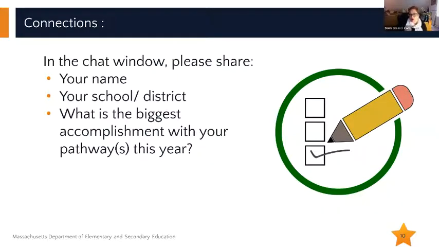I see Holyoke and Lawrence, Everett. Some folks are talking about looking forward to receiving a designation as they're in the process of pursuing that, while others are already either in an innovative pathway or recently have received notice that they will be joining the work.